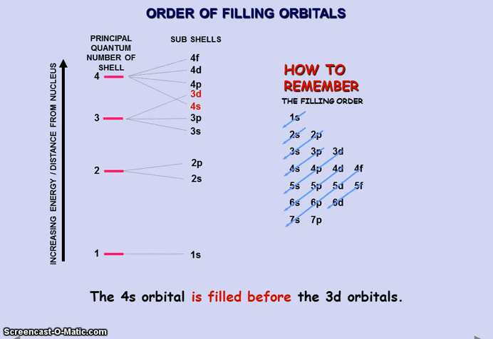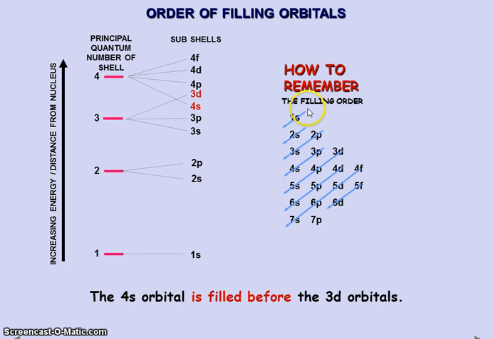Now, a couple of ways you can remember how to do this. One is the arrow method, where you write lists of the different subshells. The s is in one column, the p's are in another column, d's in another column, f's in another column.